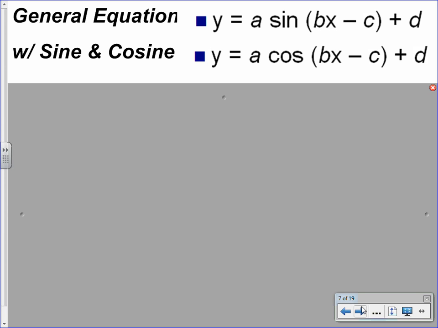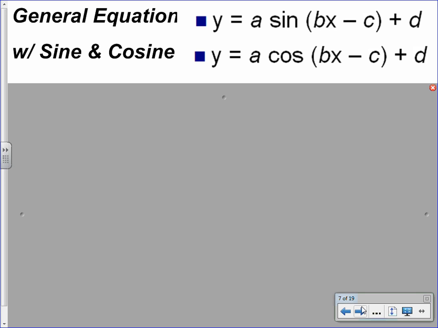So I'd like you to write this down. If we're talking about y equals a sine of the quantity bx minus c plus d, or y equals a cosine of bx minus c the quantity plus d.